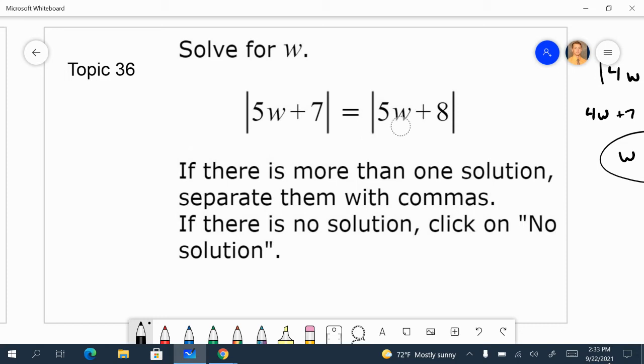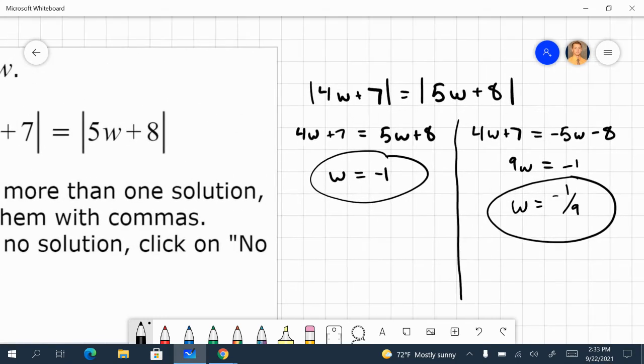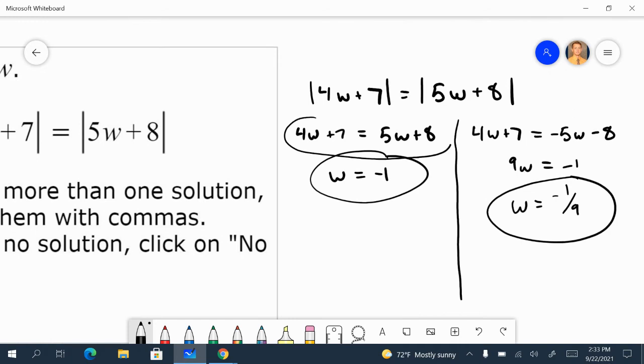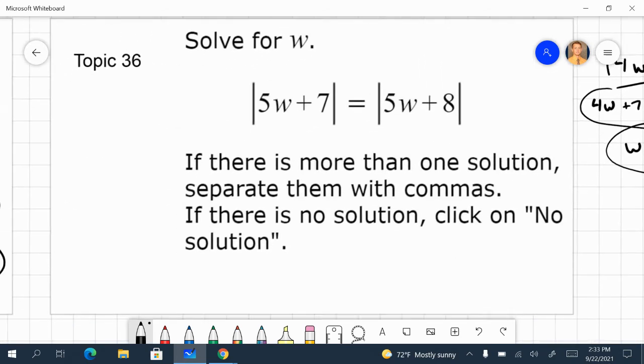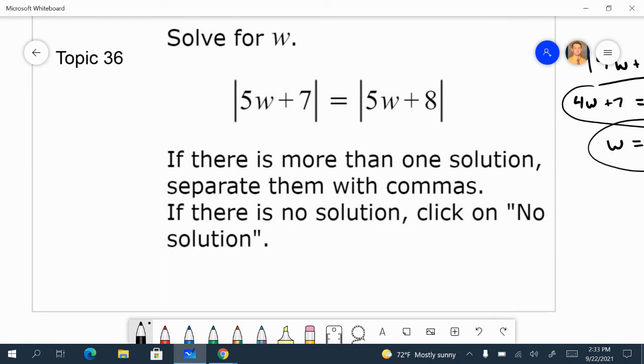I'm not going to go through it all, but if I were setting it up, the original one where I just dropped the absolute value symbols like I did here, which is one of your two solutions, we would get 5W plus 7 equals 5W plus 8. That to me is going to be a no solution, because you're going to have to subtract 5W from both sides. You're ending up with 7 equals 8, which is obviously not true. So that's not a solution.